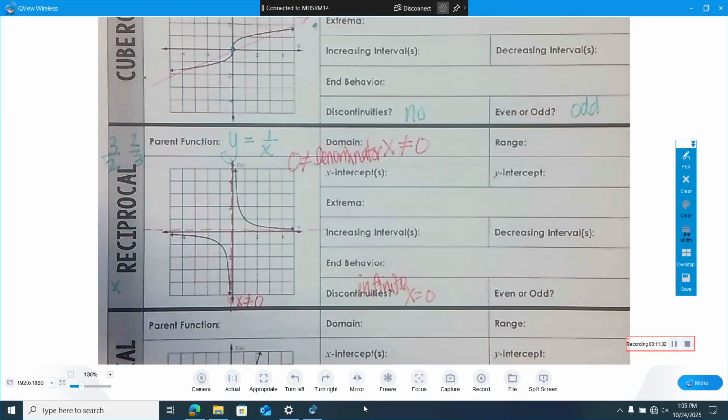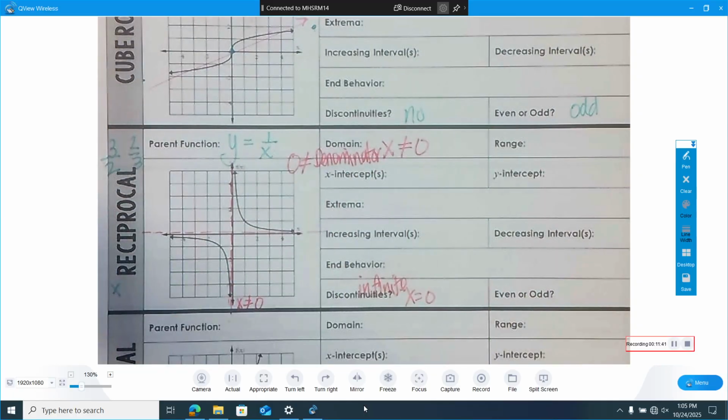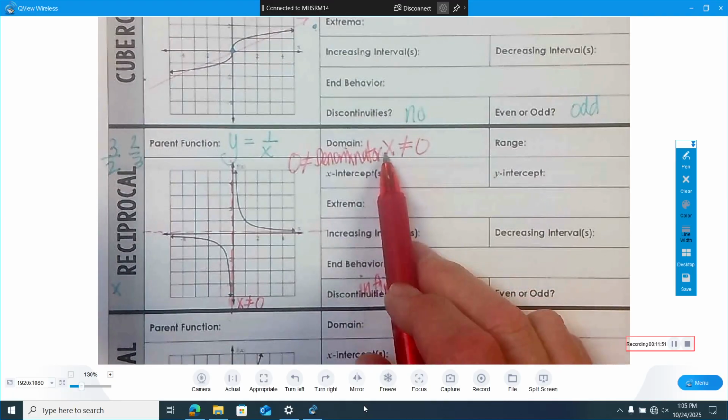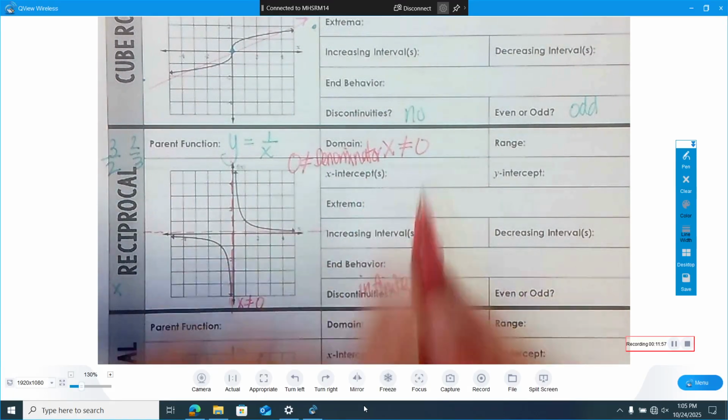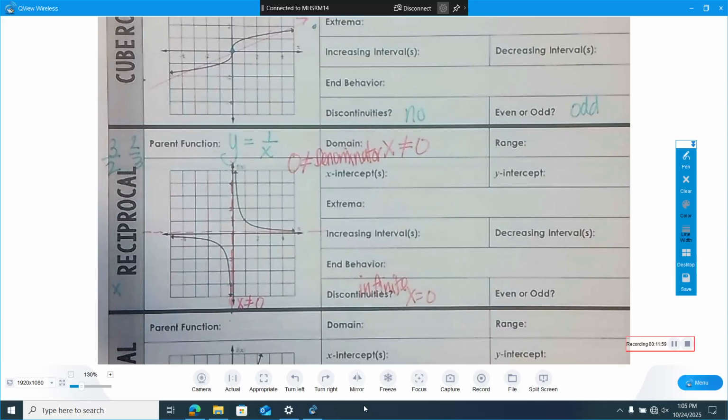So anytime you have a function with a denominator, we have to solve that denominator out to figure out what values we're not allowed to equal, okay? And so denominator, domain: anytime you see a denominator, we need to think, oh my God, there's a domain issue here, okay? Domain means I can use every x value except this one. I'm not allowed to use 0, but every other value for x works just fine, okay?